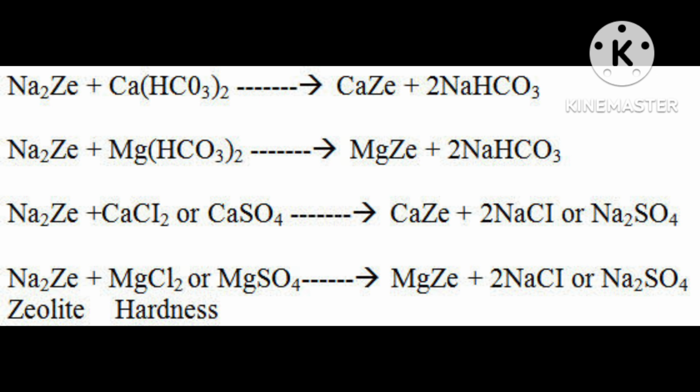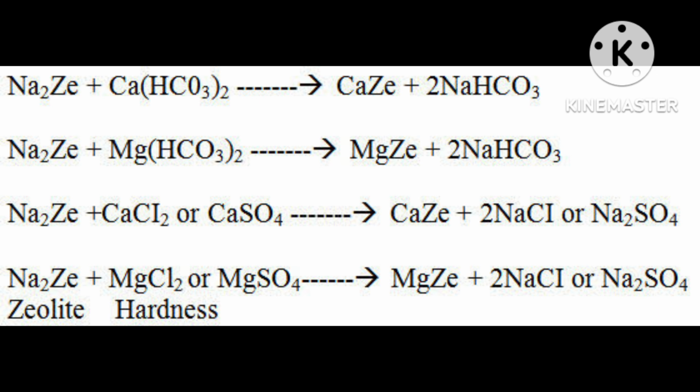And if calcium bicarbonate is present, then it is converted into calcium carbonate. Calcium bicarbonate, Ca(HCO3)2, will change to insoluble calcium carbonate, but magnesium will convert to magnesium hydroxide, and because both are insoluble, they will settle down.